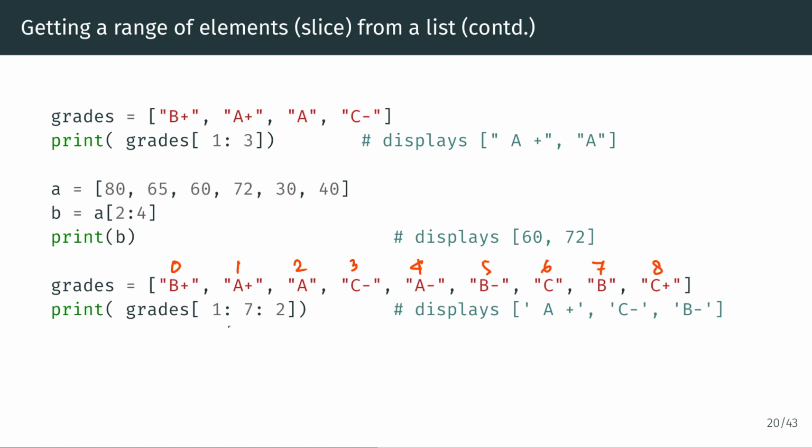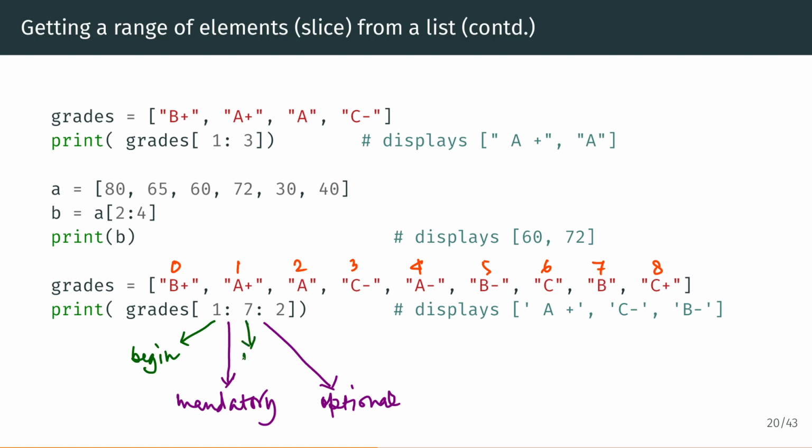This is the mandatory one, and this is the optional one. So this is very close to the general form that we talked about. This is the begin index, this is the end index, and this is the step size, right?